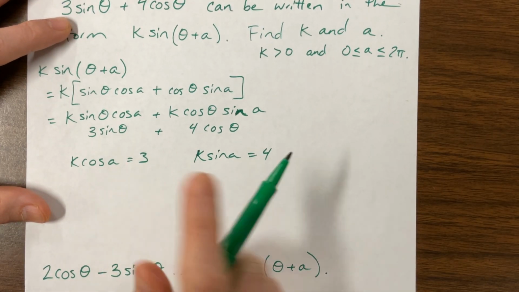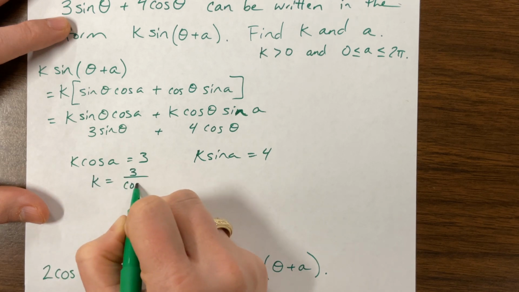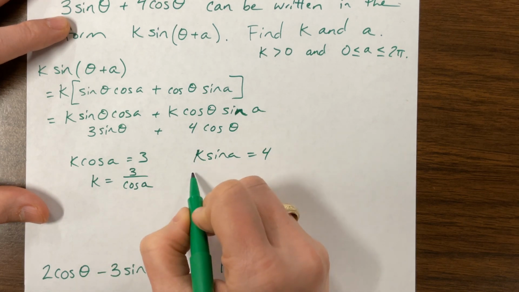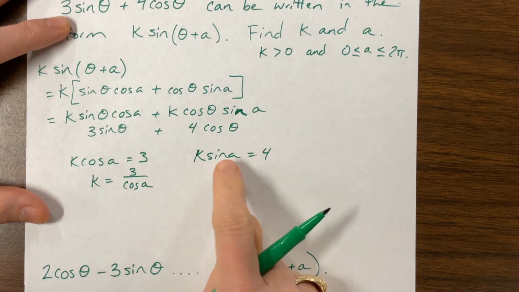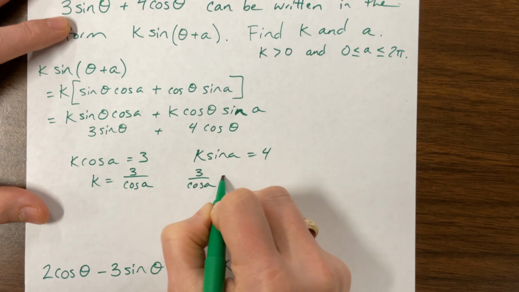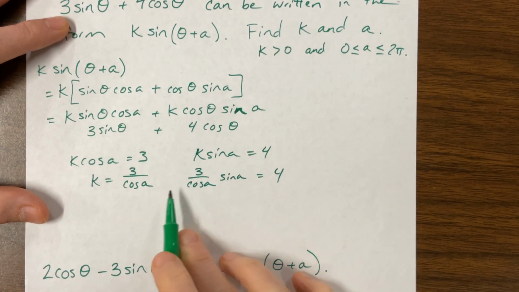If I come over here, I can say that this k is equal to 3 over cosine of a. I can plug this in. I'll show you all my steps. 3 over cosine a is getting multiplied by sine of a, and that's equal to 4. What do you know about sine over cosine?